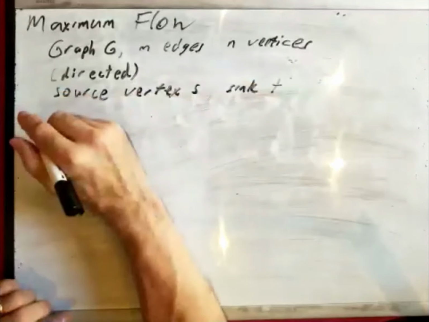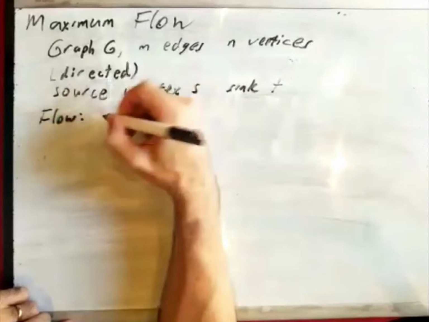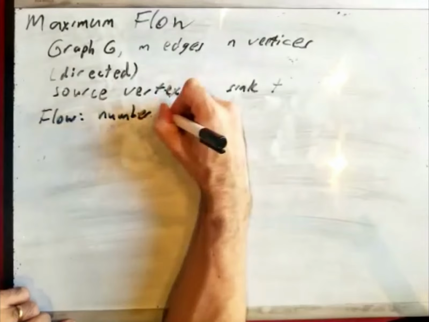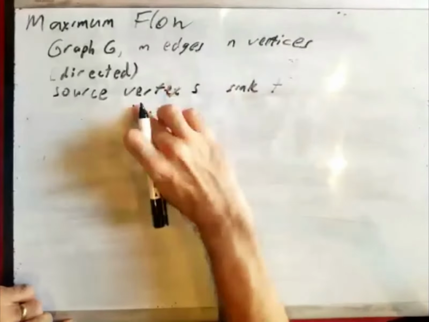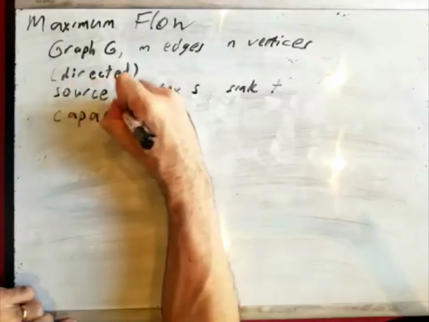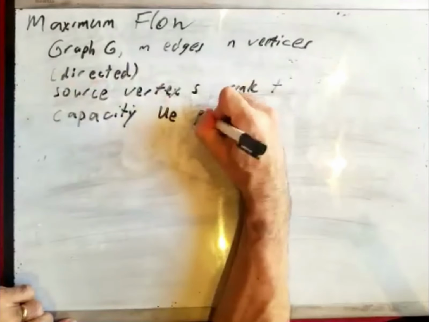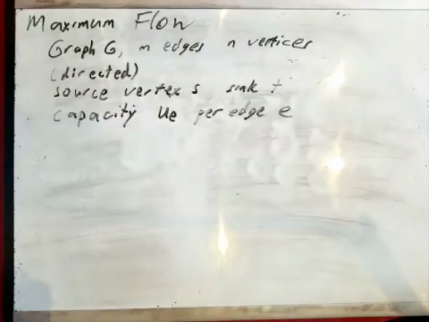And a flow is an assignment of a number. Oh, sorry, not quite done yet. Along with the edges, you have a capacity, which is denoted by U sub E per edge E. Now, you may wonder why I'm using U for capacity.